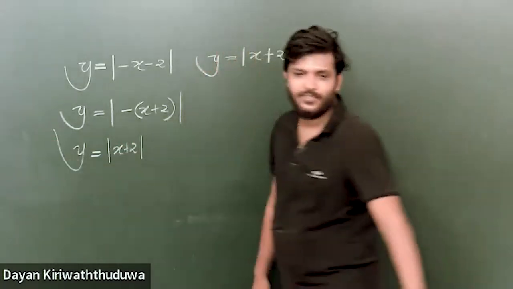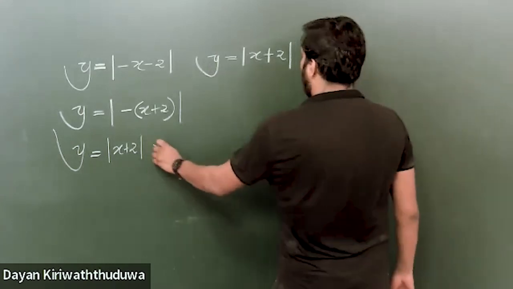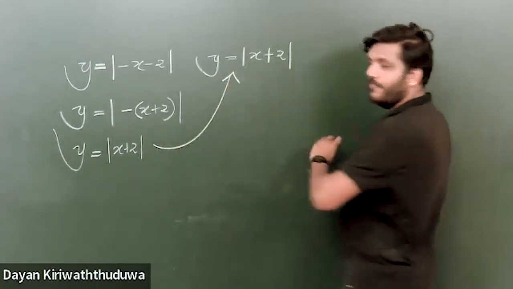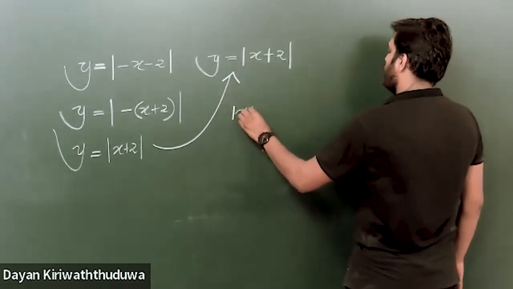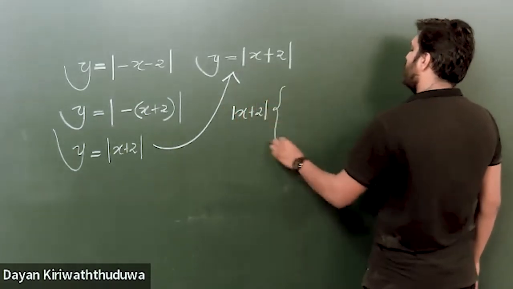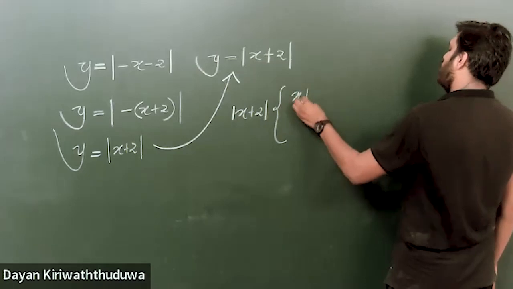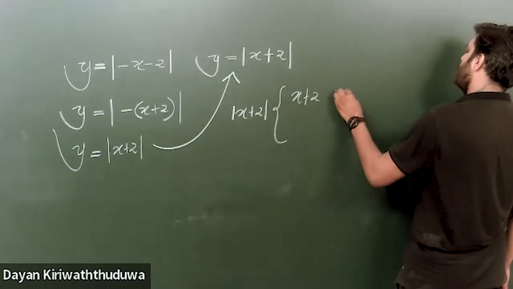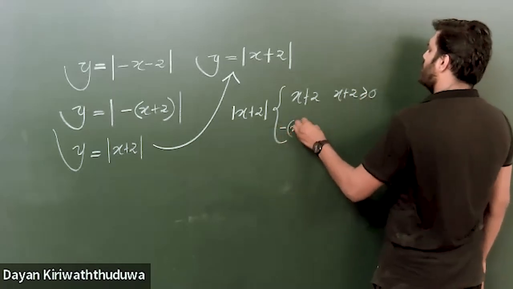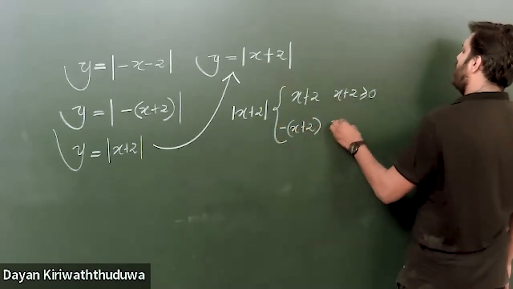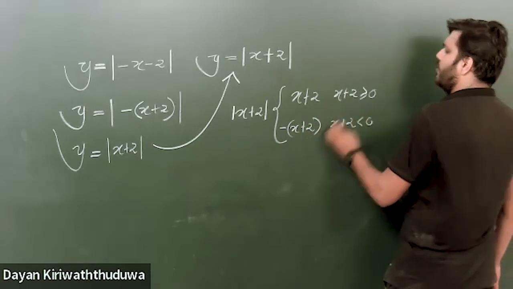So, if you just do one thing, that is more than enough. We have modulus of x plus 2, which is x plus 2 when x plus 2 is greater than or equal to 0, and minus of x plus 2 when x plus 2 is less than 0.